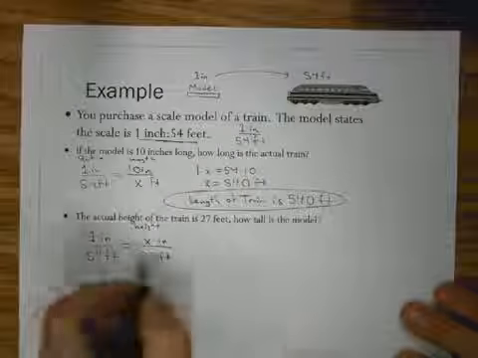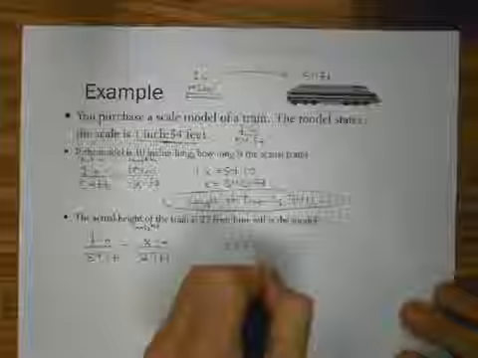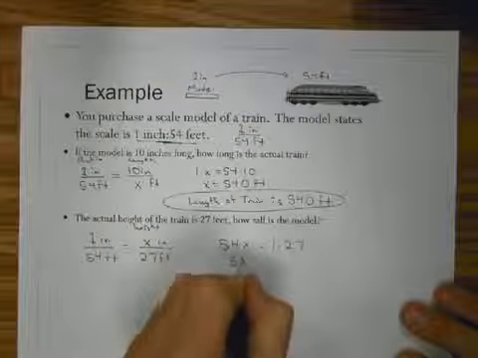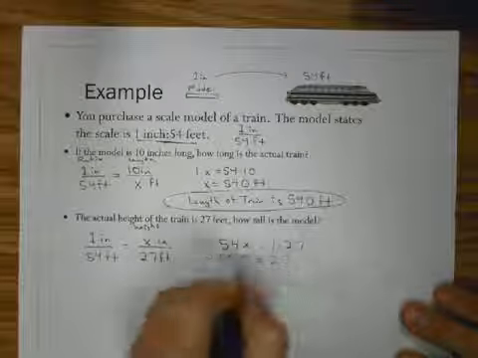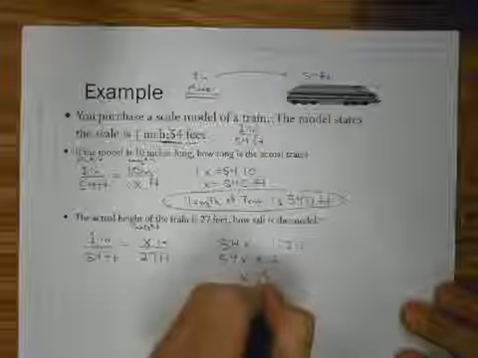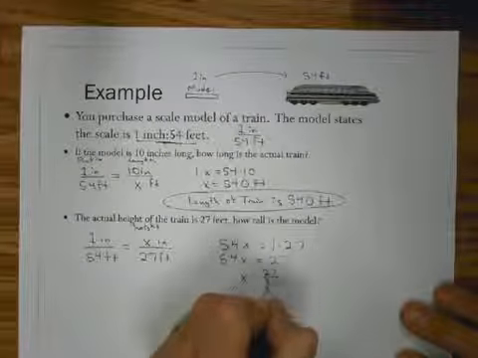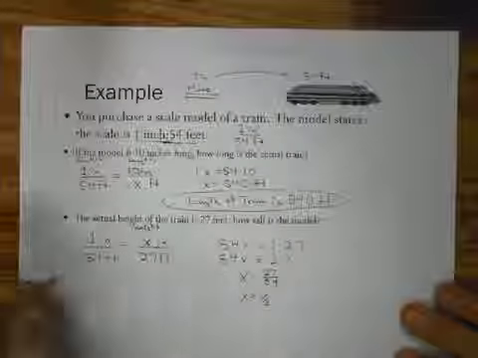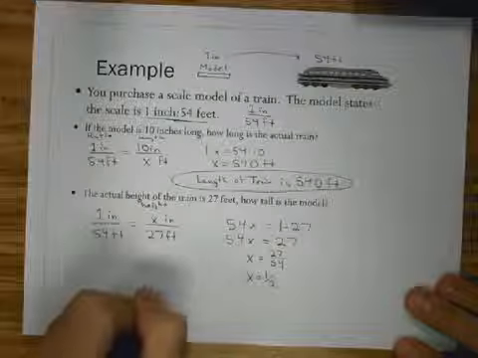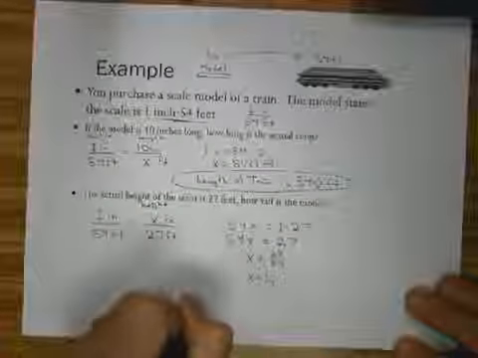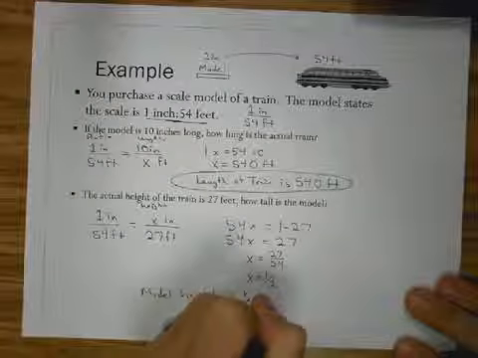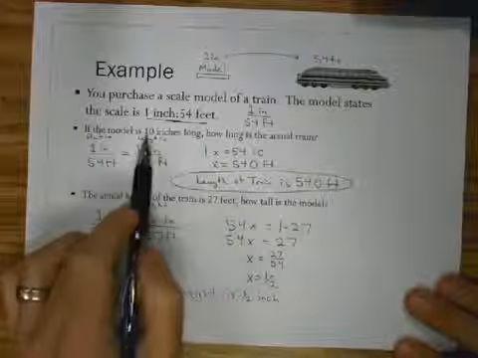Okay, now we look at the actual height of the train is 27 feet. How tall is the model? We're going to use our same proportion, or same ratio, 1 inch to 54 feet. This time, we're looking at height. So we know it's 27 feet actual, and we want to know how tall is it in inches. We do cross product. We get 54x equals 1 times 27. 54x equals 27.